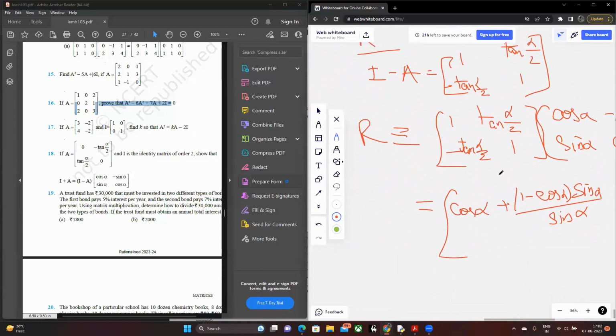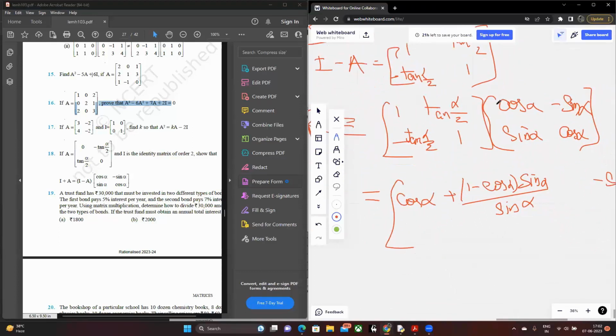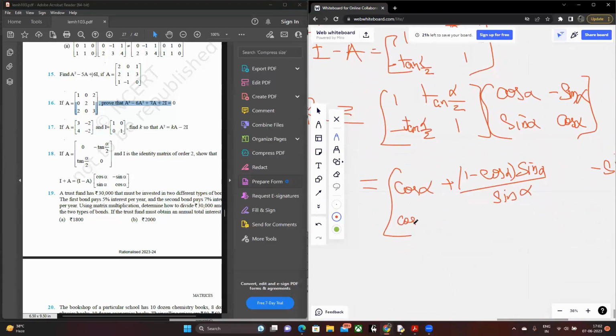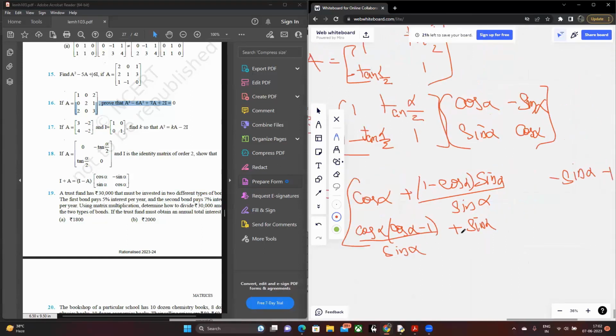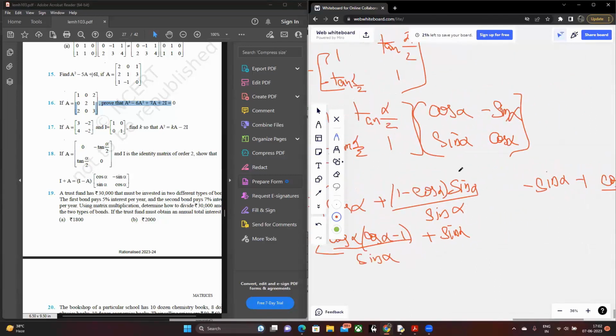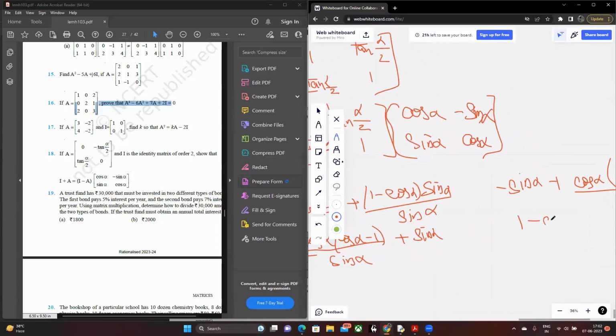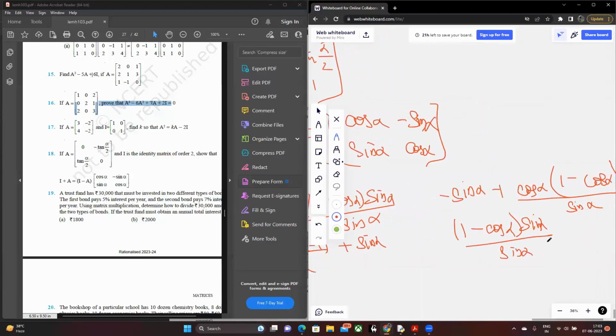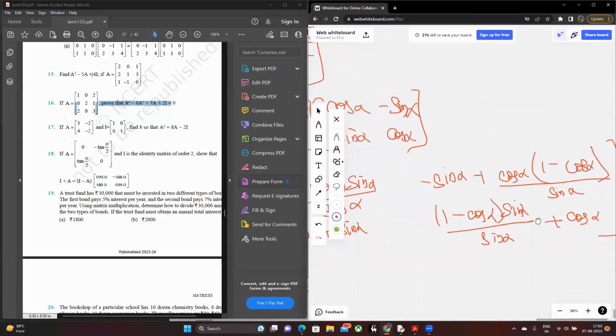And then over here, it is going to be cos alpha times cos alpha minus 1 plus sine alpha, this divided by sine alpha. And then over here, it is going to be sine alpha into tan alpha by 2, that is 1 minus cos alpha into sine alpha by sine alpha, plus cos alpha.